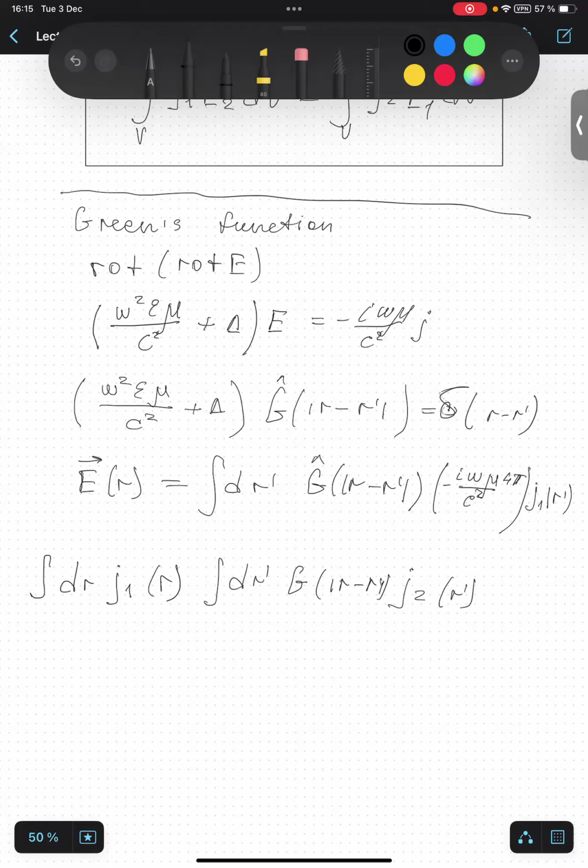Also here we should write some indices for the Green's function and sources.